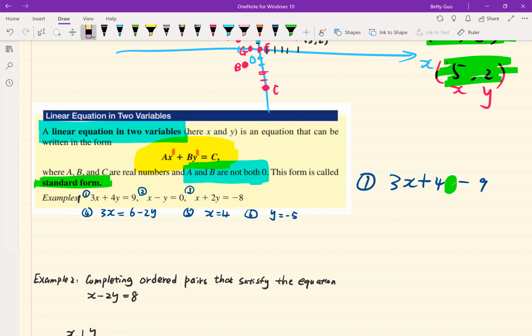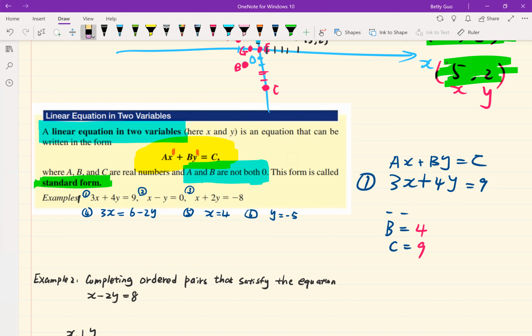The standard form is ax plus by equals c, right? Anybody can tell me what is a, what is b, what is c? A is the coefficient of x, b is the coefficient of y, c is the constant on the right-hand side of the equation. Can you see that?